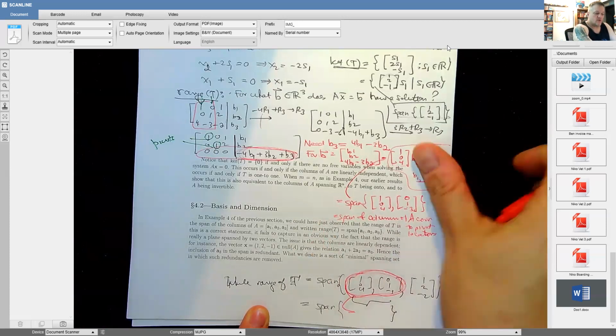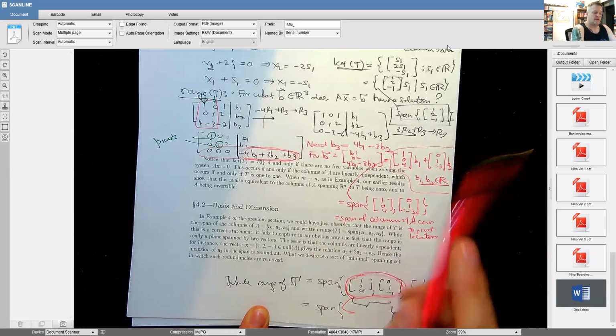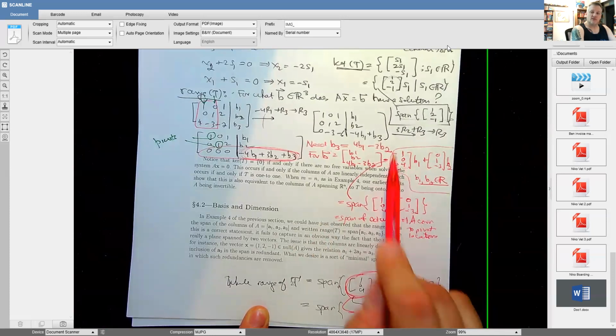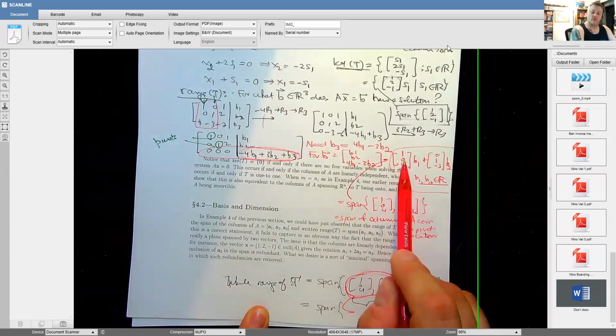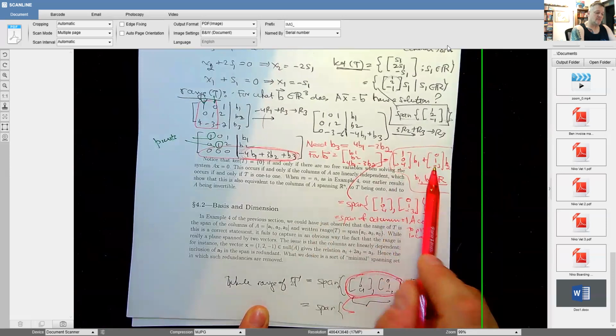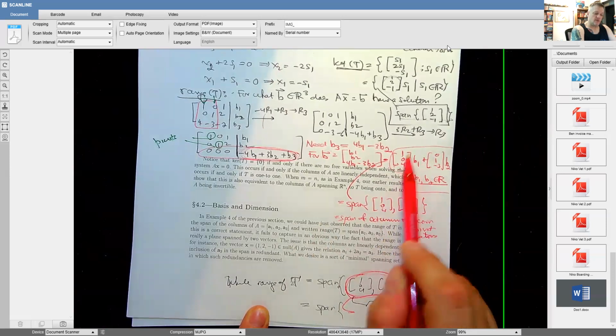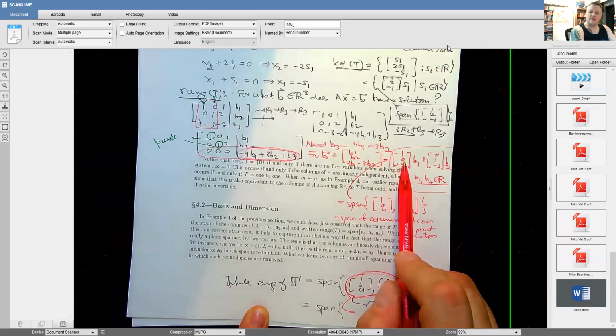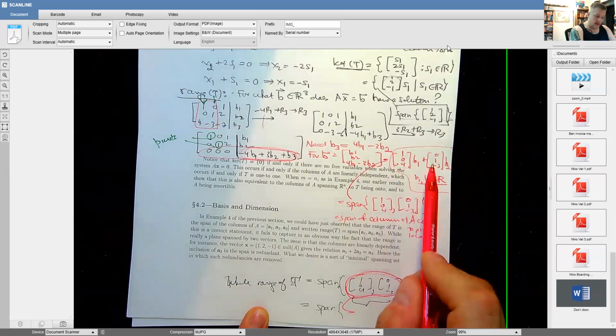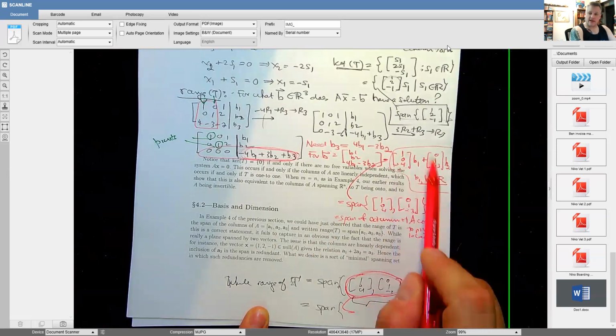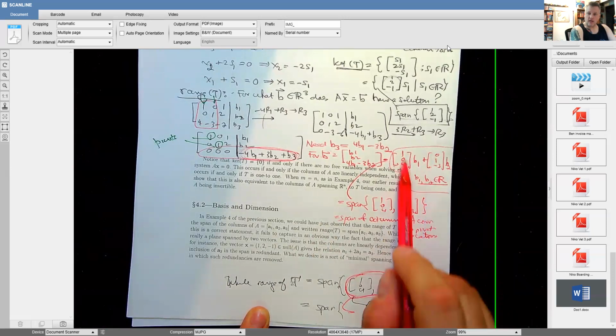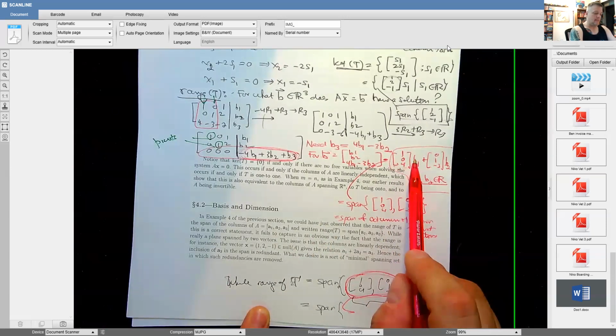One of them couldn't do the job because you can't generate everything with just scalar multiples of this guy, right? Because there's a 0 there and a 0 there. And so you have to make sure there's a relationship between these two, namely that they're linearly independent. But if they were dependent, then you can rewrite one as a scalar multiple of the other, and so you'd only need one of them to span the whole set.